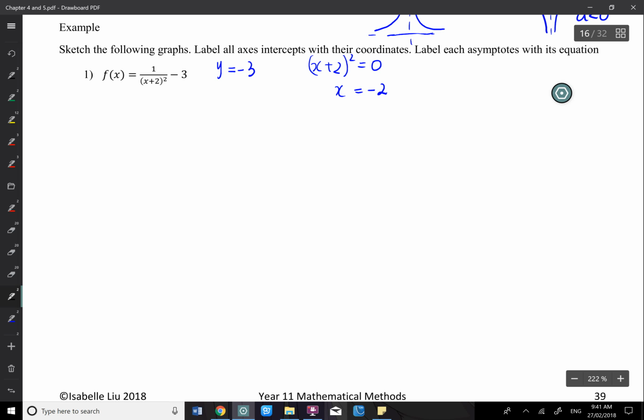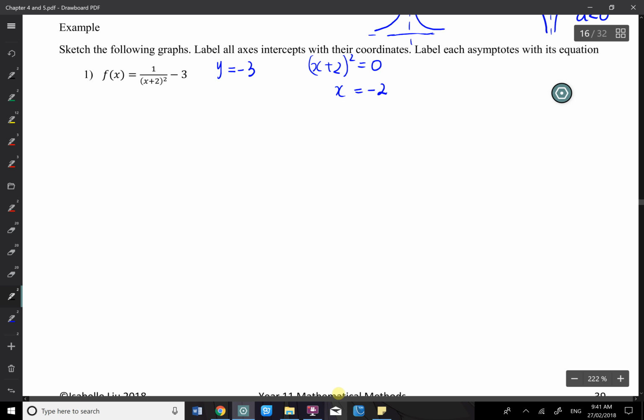It's already in the perfect standard form. Nothing wrong, very clear graph.